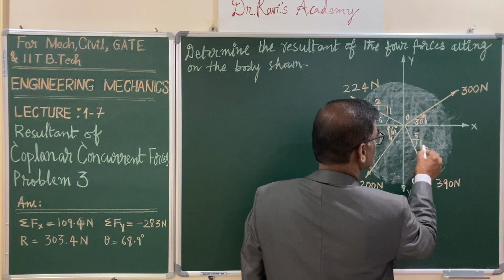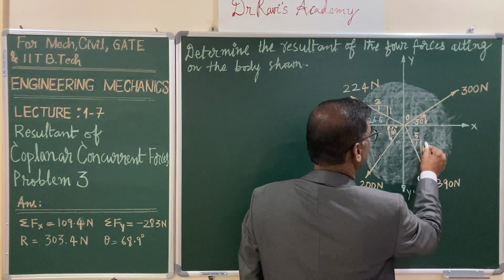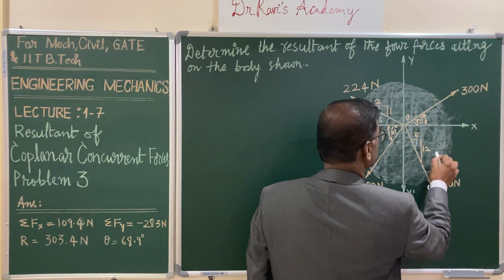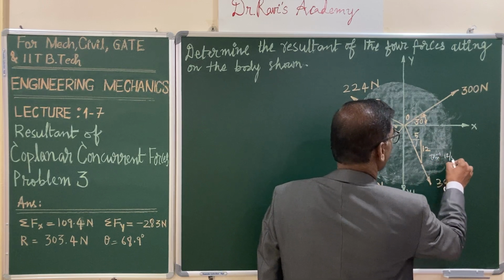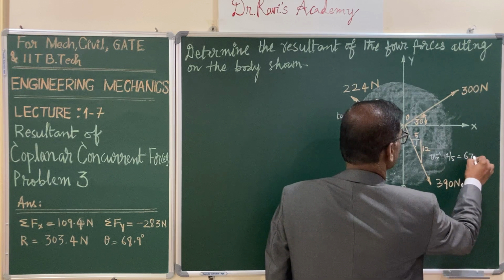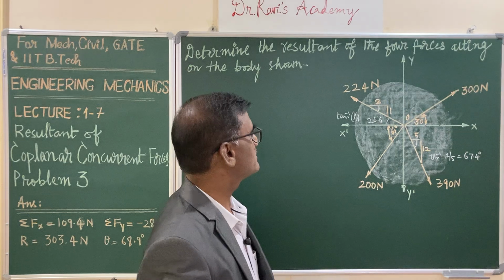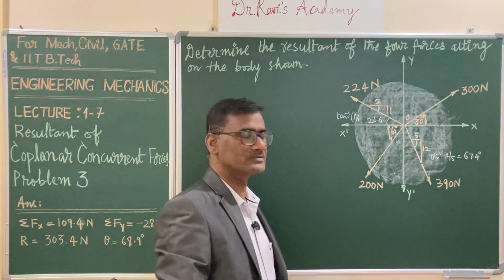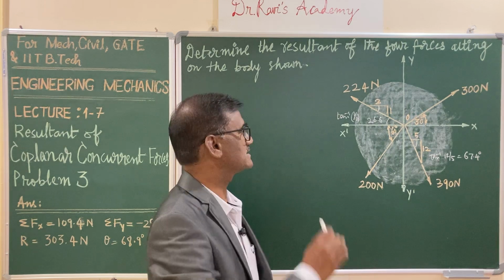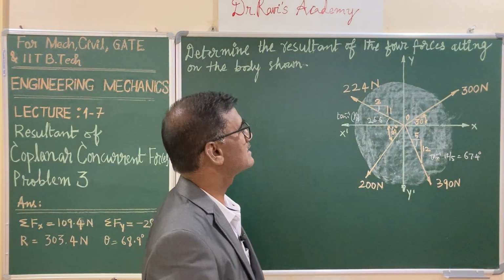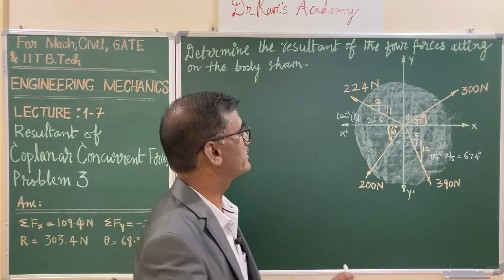The opposite is 12 and the adjacent is 5, so 12 by 5. This angle is tan inverse of 12 by 5, which is 67.4 degrees. The very first step of the problem is, whenever you come across slopes, calculate the angles, preferably with the x-axis. After this, you want to resolve each force into two rectangular components.